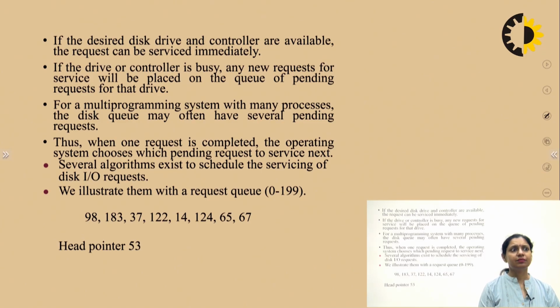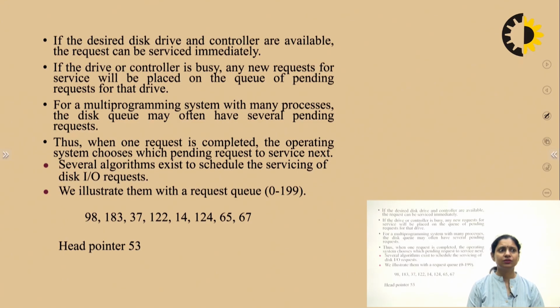When there is a multi-programming system with multiple processes, the disk queue may often have several pending requests for different processes. When one request gets completed, the operating system chooses which pending request to service next based on priority scheduling, first come first serve, or shortest remaining time.